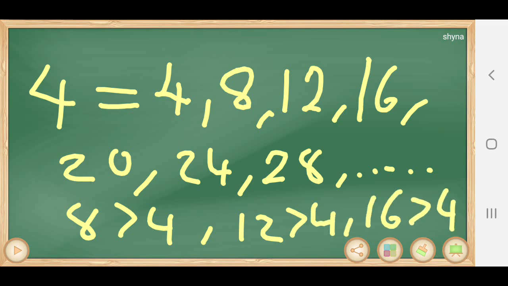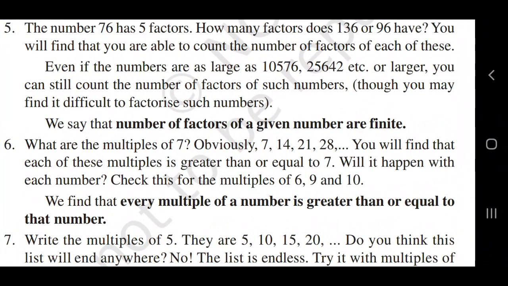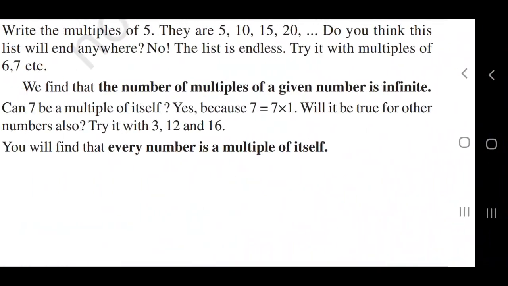The first one will be equal, then the next ones will be greater than that number. Greater than or equal to means one number is equal and the other numbers are greater.